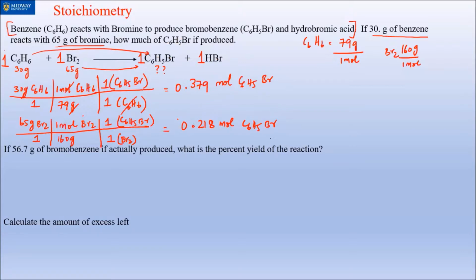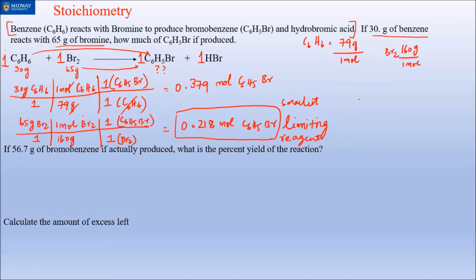Well, this is the smallest. I'm going to write "smallest." You have to figure out at this point which is the smallest, which means that is the limiting reagent. Remember I said we are going to learn a new word. This is limiting. So whichever one is the smallest is called the limiting reagent.